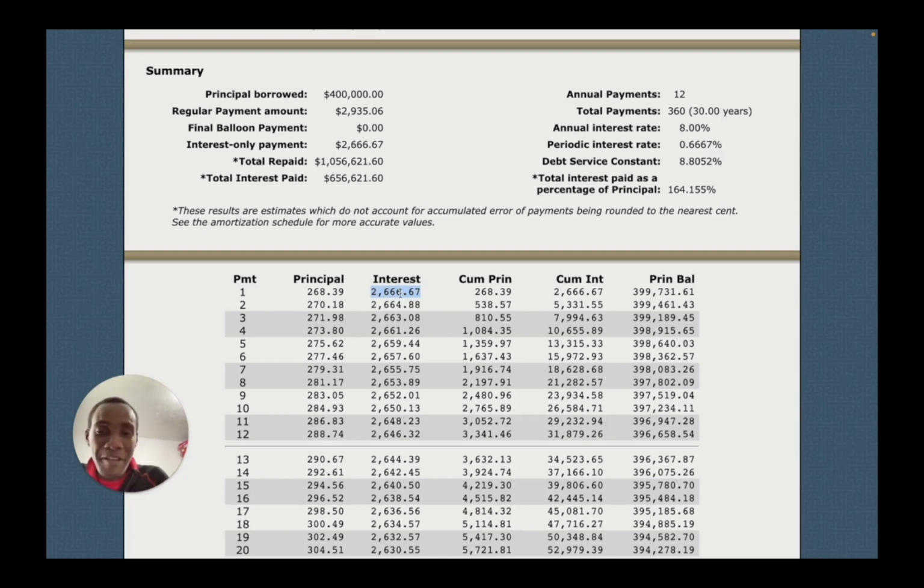Now, why am I so happy with this? Well, if we were following the bank schedule and making our regular payments every month, look at this. You make a regular payment on month 1, a regular payment on month 2. Every time we make a regular payment, look at how much interest the bank is getting. It's costing us $2,600 every time.